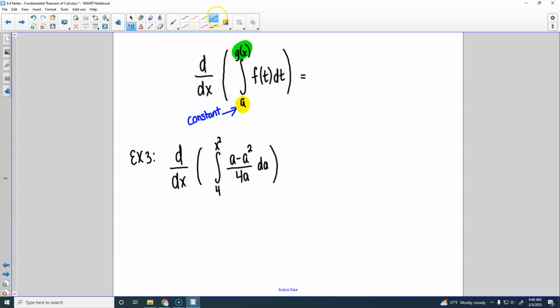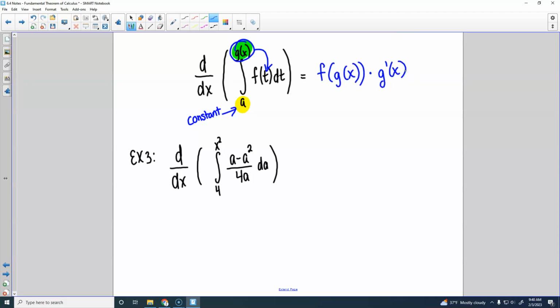So, if we are doing this, we are still going to take whatever is here and plug it in for that dummy variable, right? So we're plugging it in for, in this case, t, because it's in terms of t. And so our answer will be f of g of x, but we must multiply it by the derivative of g.